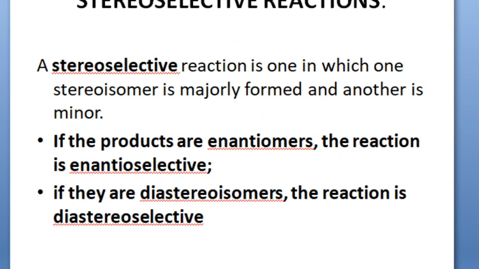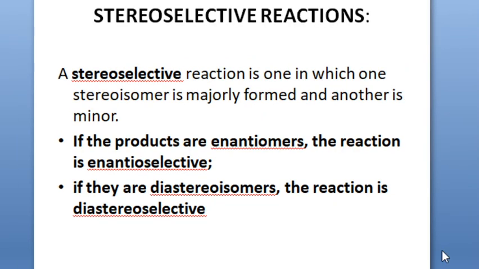Let us see the first one, stereoselective reactions. If one of the stereoisomers is majorly formed as a product and the other stereoisomer is minor in quantity, then such reactions are stereoselective reactions.